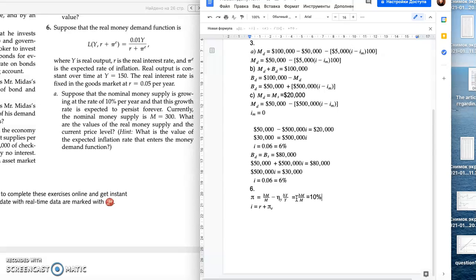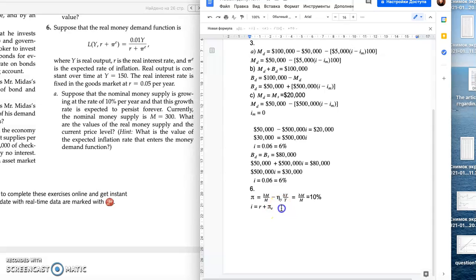Then we know the equation of the nominal interest rate, which equals the expected real interest rate plus the expected rate of inflation. In our situation, the expected rate of inflation equals the current inflation rate.